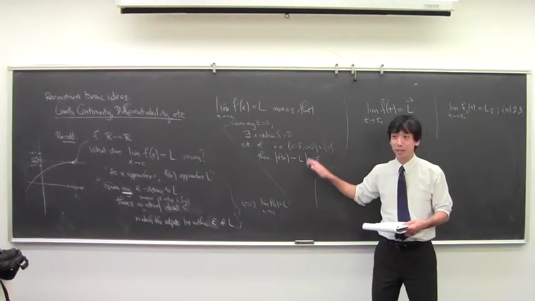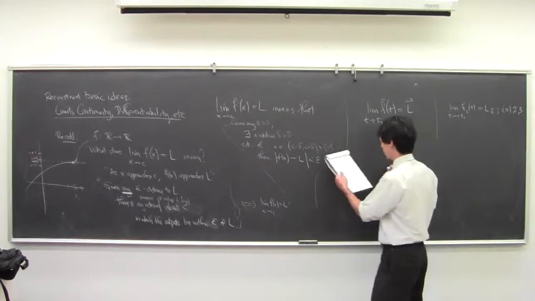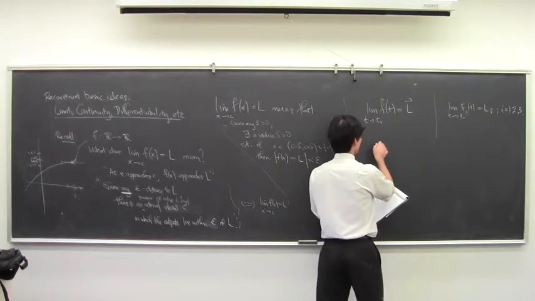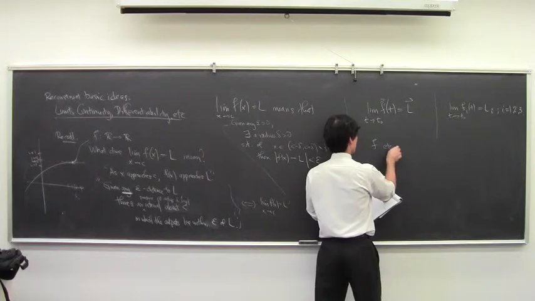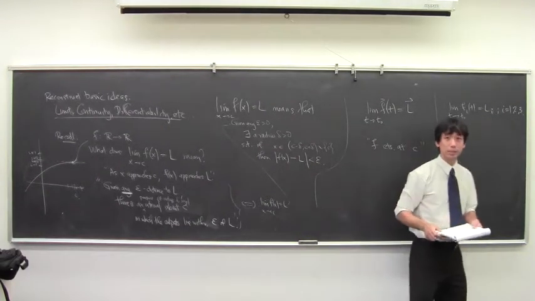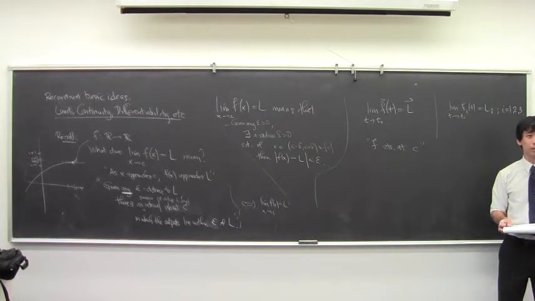One could try to do something along the lines of the epsilon delta. Again, out of curiosity, what does continuity mean? What does it mean for a function to be continuous at c? Yeah, Alana.